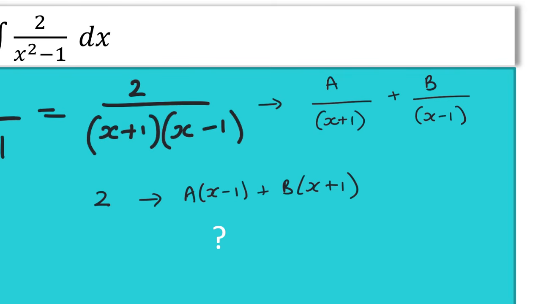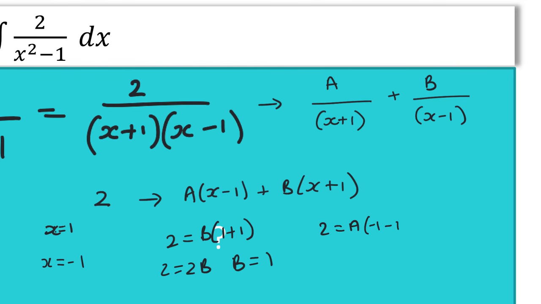If x equals 1, we're going to get 2 equals B lots of 1 plus 1. So 2 equals 2B, so B equals 1. And then when x equals negative 1, we're going to get 2 equals A lots of minus 1 plus 0. So 2 equals negative 2A, so A equals negative 1.